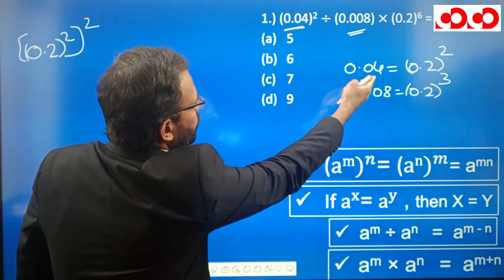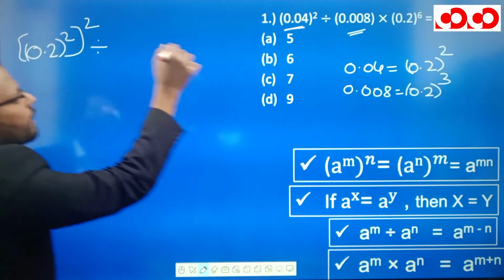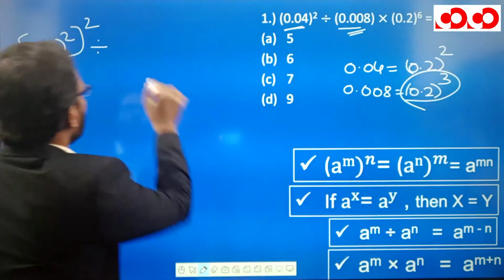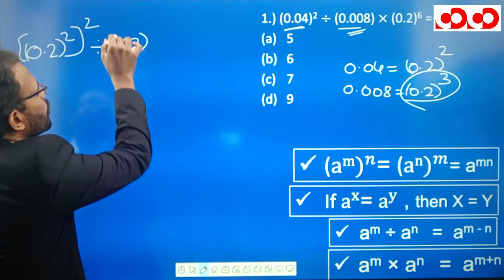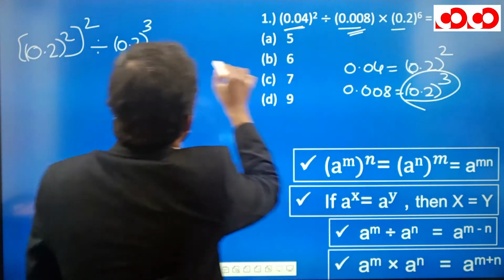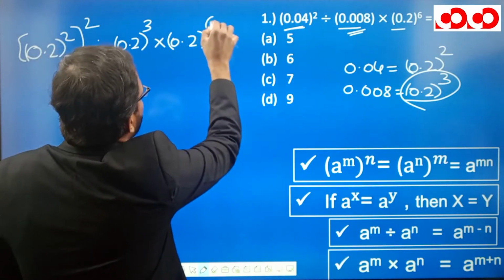I have replaced this 0.04 with 0.2 whole square, and it is divided by the next number, 0.008, which I'll replace with 0.2 whole cube, and the last number over here is 0.2 whole to the power of 6.